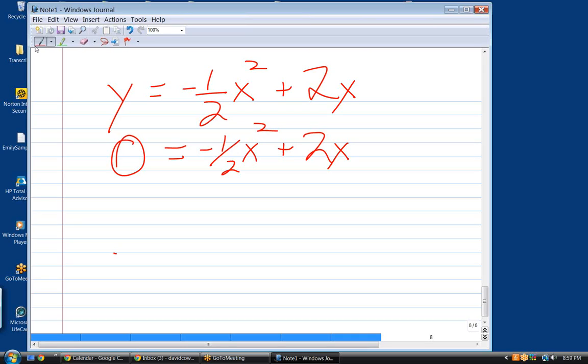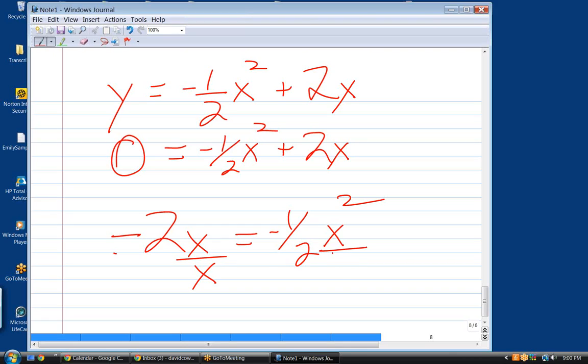Would you do minus 2x? Actually not. Let's talk about that. If I had minus 2x equals minus 1/2 x squared, you might then be tempted to divide both sides by x, which gets rid of that and turns it into minus 2 equals minus 1/2 x.